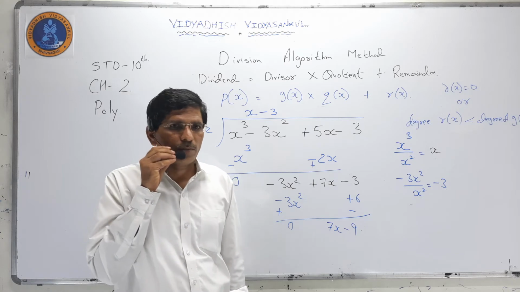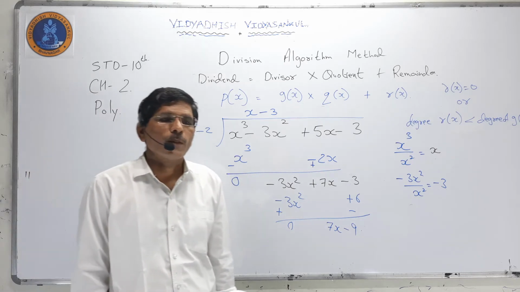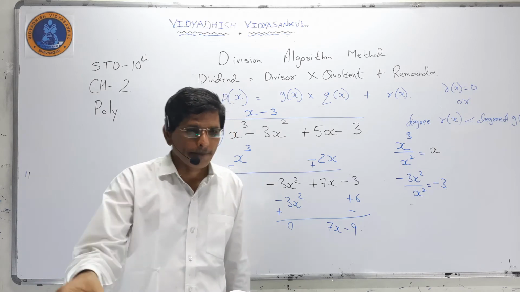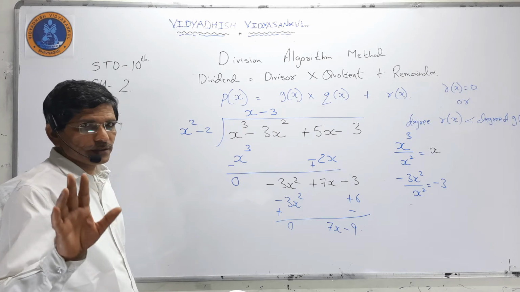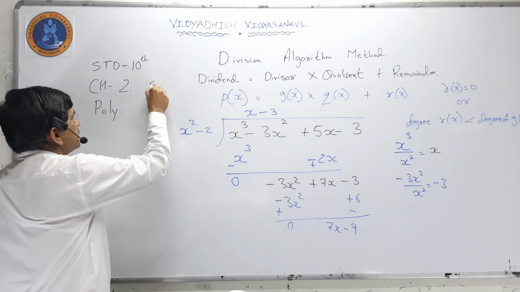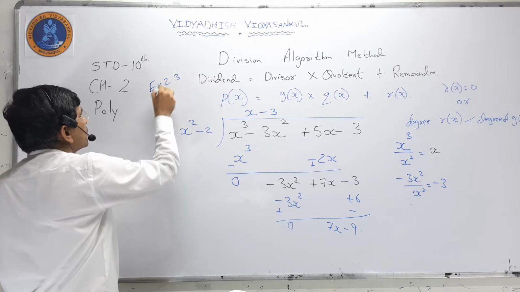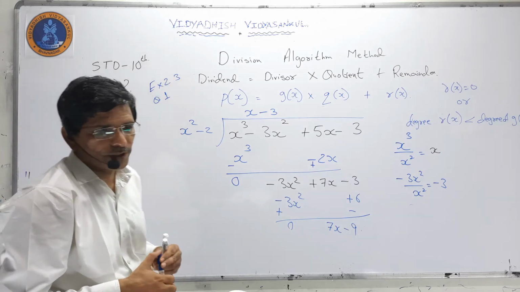Now I have to rub this and do one more sum. That is exercise 2.3, question number 1.